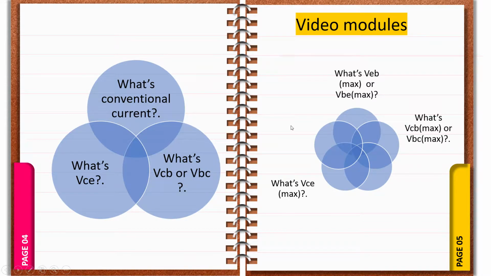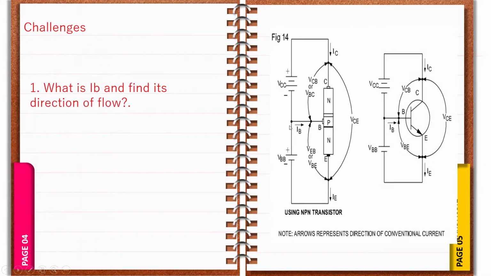Okay, let us start. So first I will tell you what is IB. IB means base current. The base current is coming from the VBB plus terminal and entering into the base region.